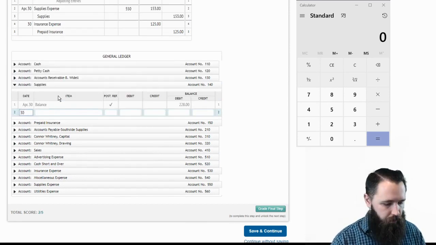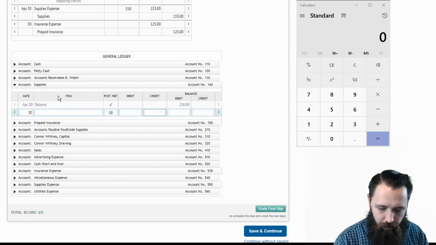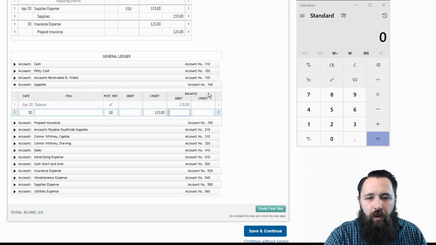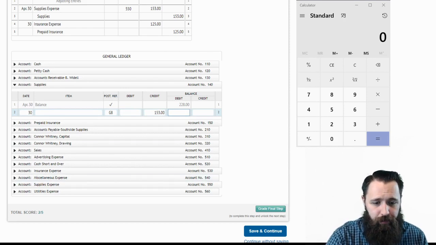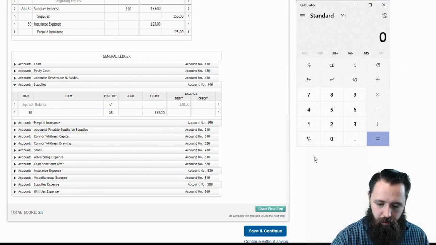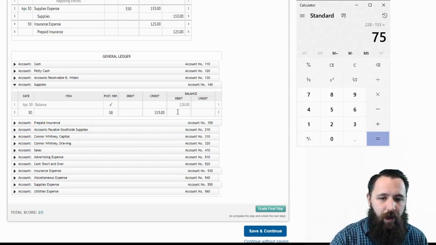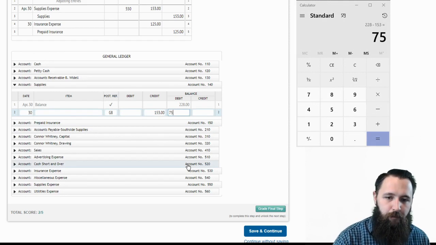Here we can just put the 30th. Post reference is G8. Supplies is going to be credited 153. Now we need to calculate this balance. So we had a debit balance of 228 minus a credit of 153, and we now have 75 as our new balance.